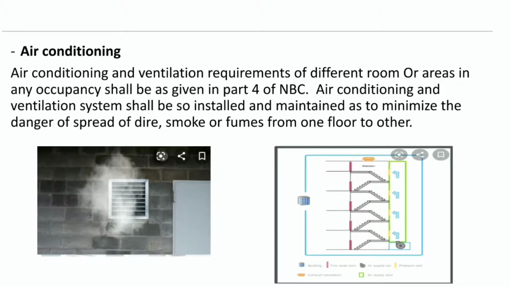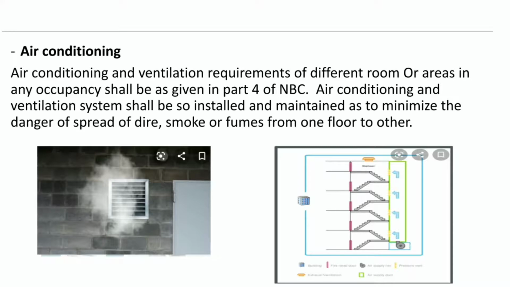What we discussed before about mixed occupancies, this comes under that only. If you have a high-rise building with 10 to 15 floors, each floor should have a separate smoke absorbing ventilation system which will not let the smoke travel from one floor to another floor.